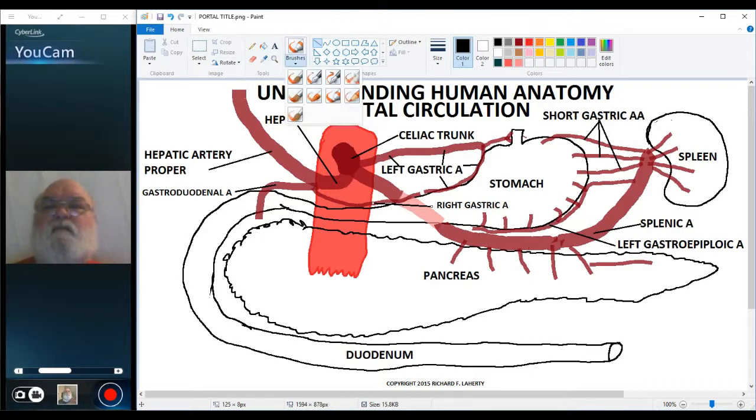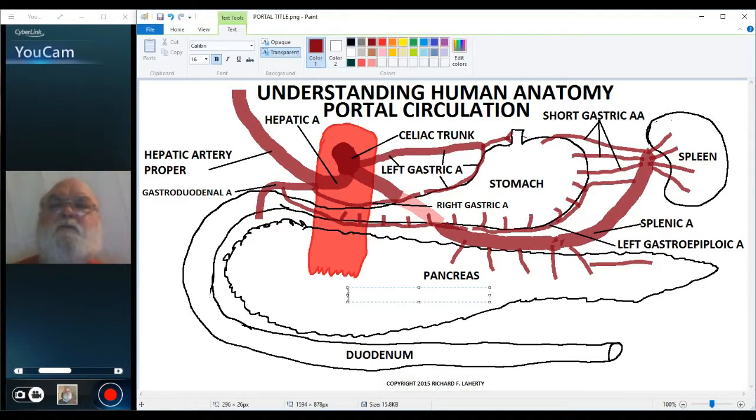Then we'll have a branch that runs along the greater curvature of the stomach, and again it's going to be sending branches into the stomach as we go, and this would be the right gastroepiploic artery.